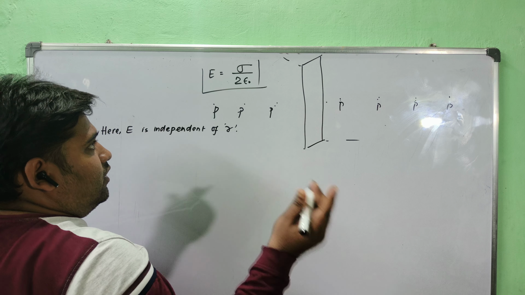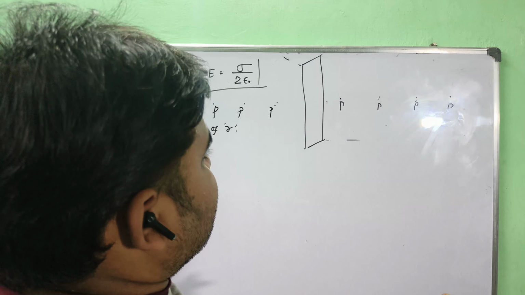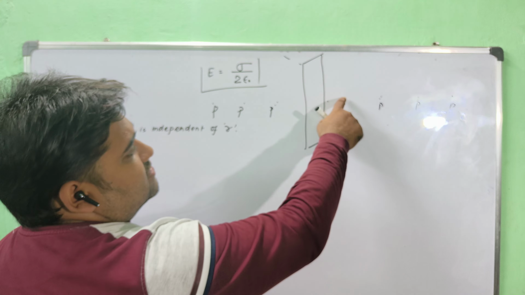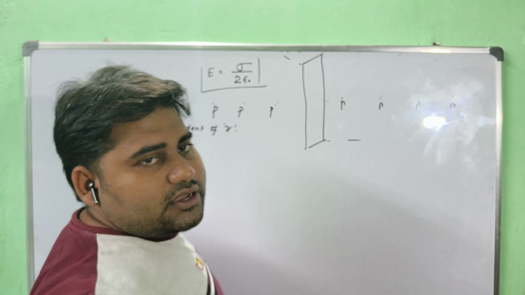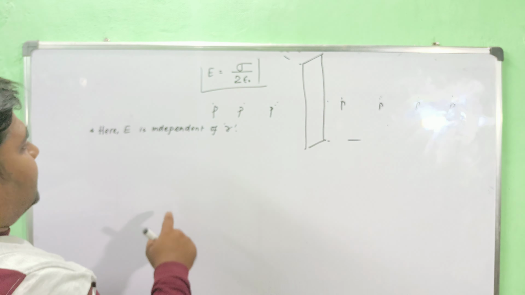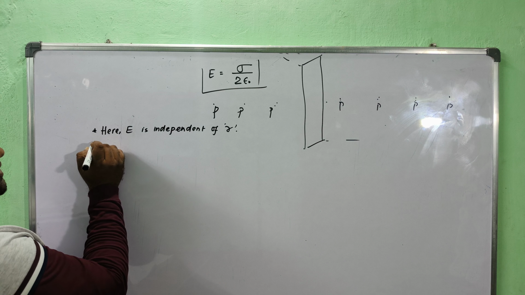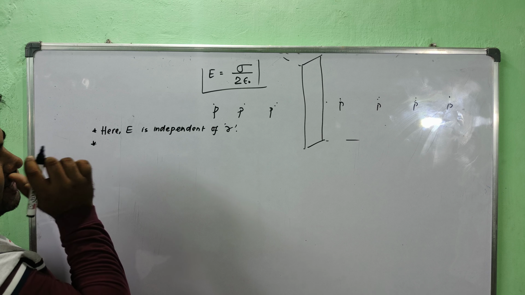You need to consider a sheet that is large enough that we can ignore the distance between these points. So here we can see that E is independent of R.